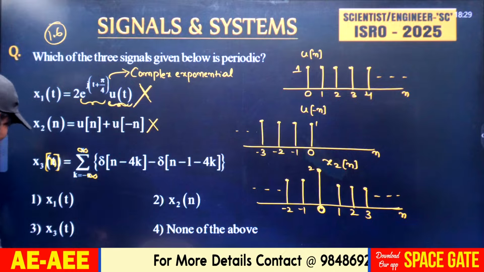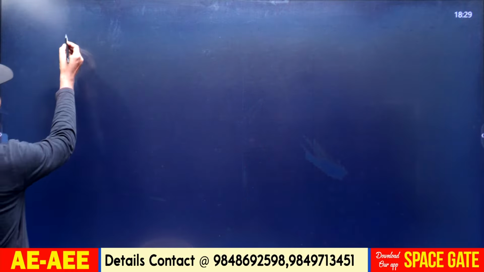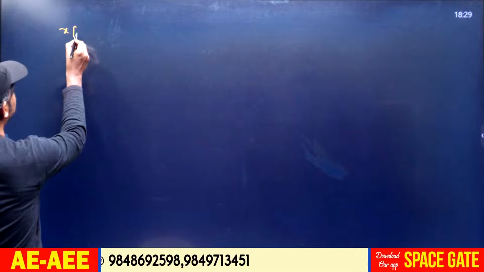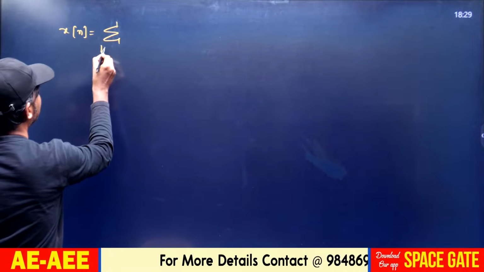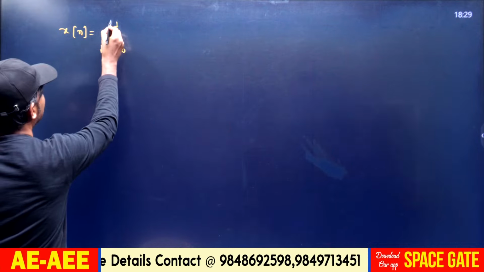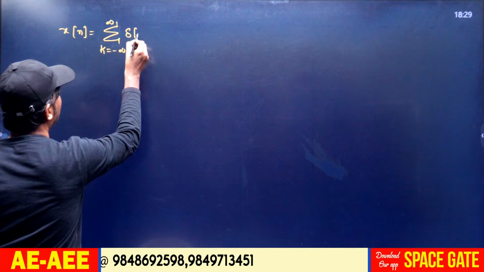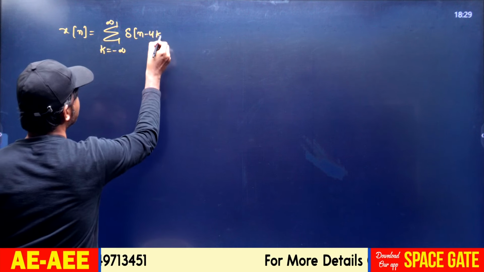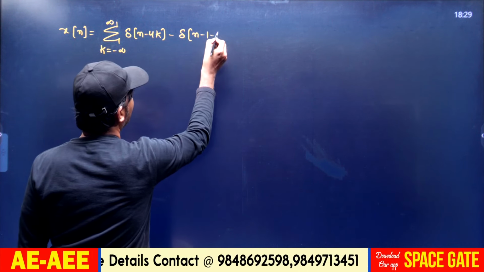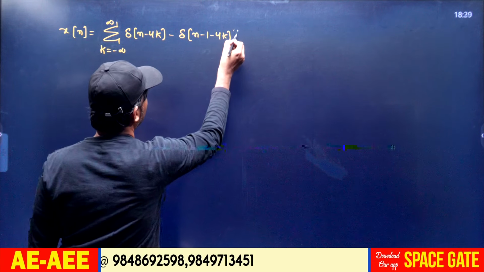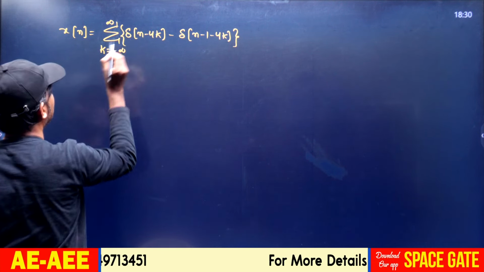Now let us verify also. What is that signal? x of n is equal to summation k varying from minus infinite to infinite of del of n minus 4k minus del of n minus 1 minus 4k. Now how to draw this signal?